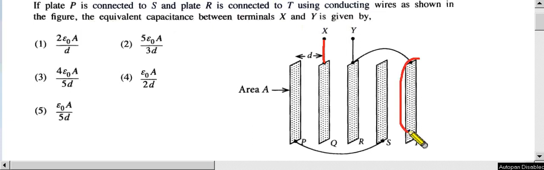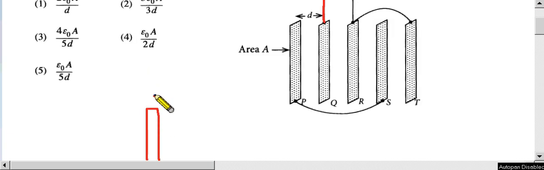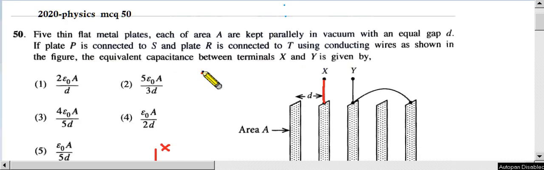Plates like this, which have only one other metal plate at their left side, we have to consider only the surface of that side. Since this plate has 2 other plates at both sides, we have to use the left side surface and the right side surface of that metal plate like this. So this is the X terminal.